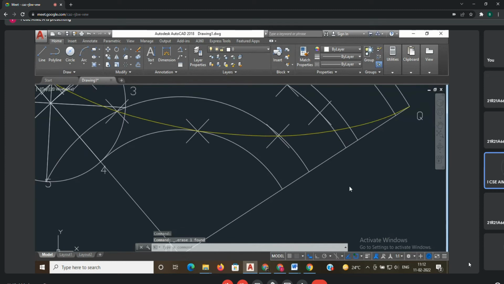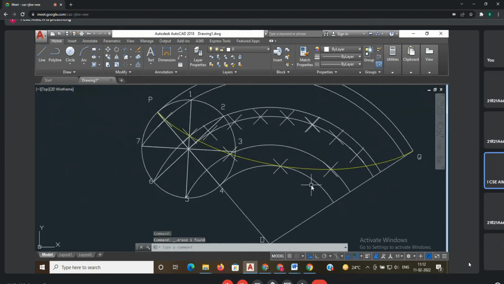You don't have the time, but they are asking for the tangent and normal. In the question, they said to assume a point on the hypocycloid, select any point on the hypocycloid and draw the tangent and normal. Like that they said.